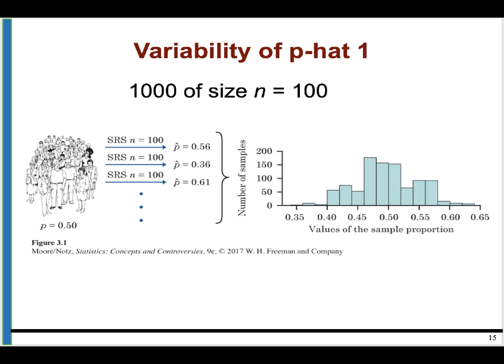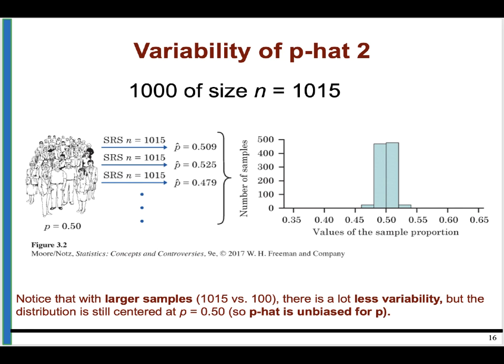Now, if we do the same idea but take a larger sample, this time the sample size that was in the survey from the case study, 1,015, and take simple random samples of this size, each of your p-hats is going to be pretty close to the true population proportion.